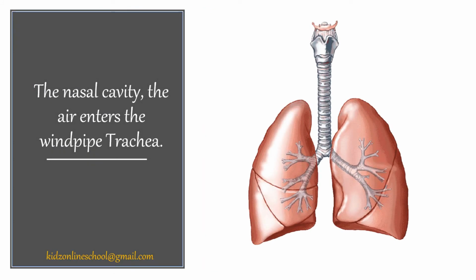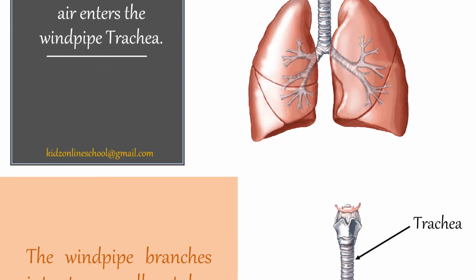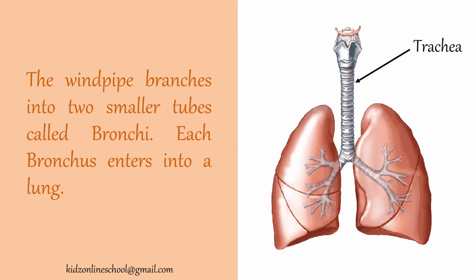The air then enters the windpipe, trachea. The windpipe branches into two smaller tubes called bronchi. Each bronchus enters into a lung.